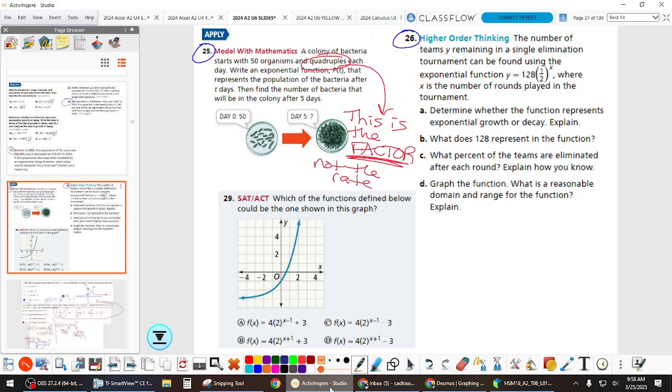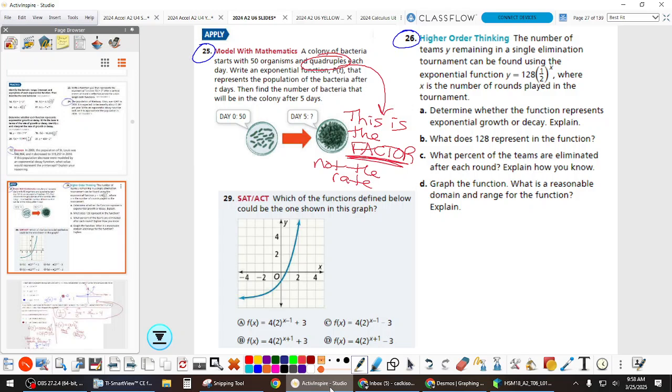So what does reasonable domain mean? We just did on our warm-up an infinite domain for that graph. Of course, this is decay instead of growth, but does that make sense? Can we have infinite time? In this case, no, so it doesn't make sense. So when it says reasonable, it's talking about in context, in the story, what does it make sense to limit it to?